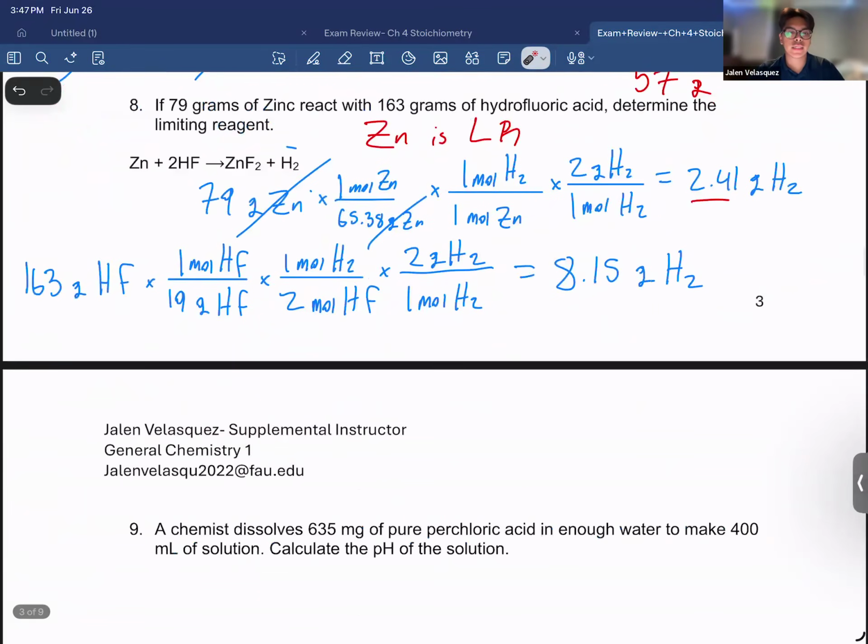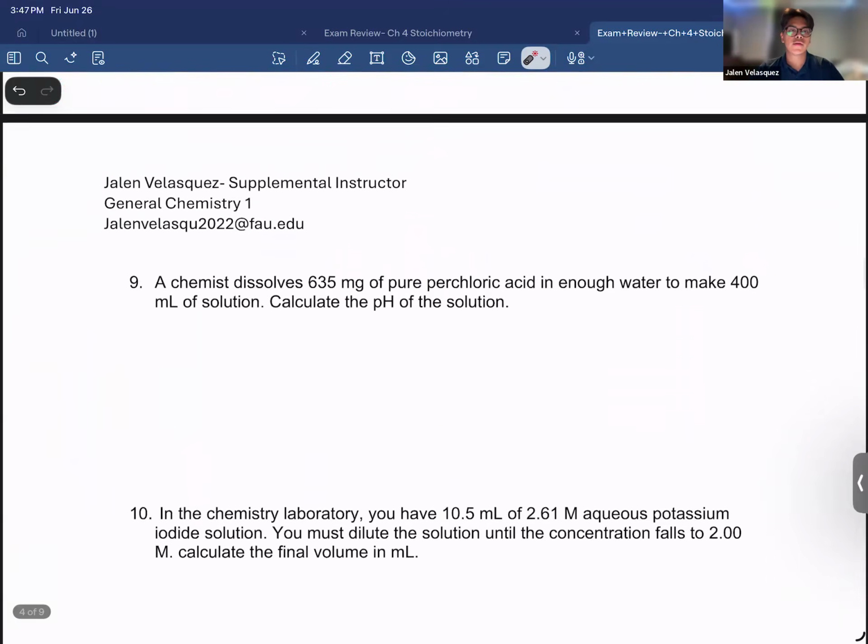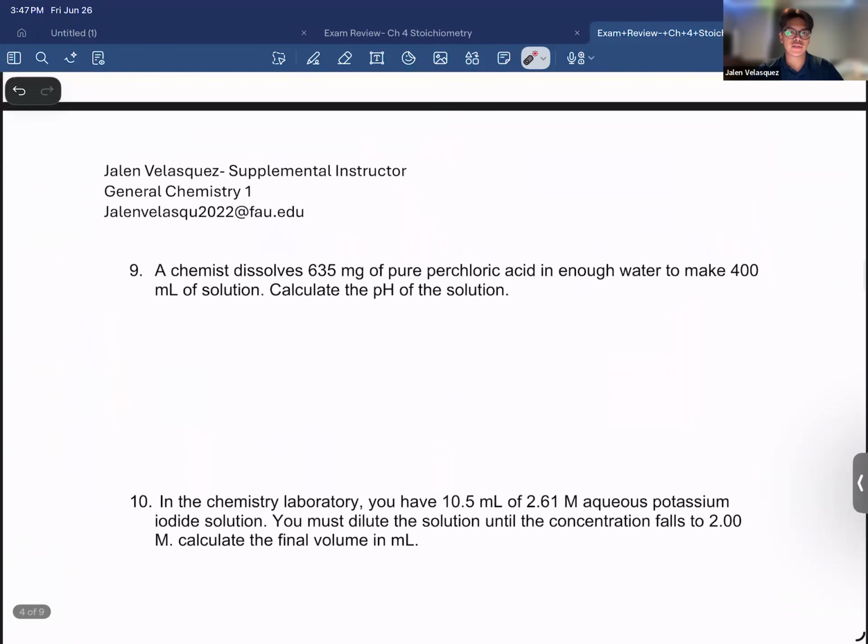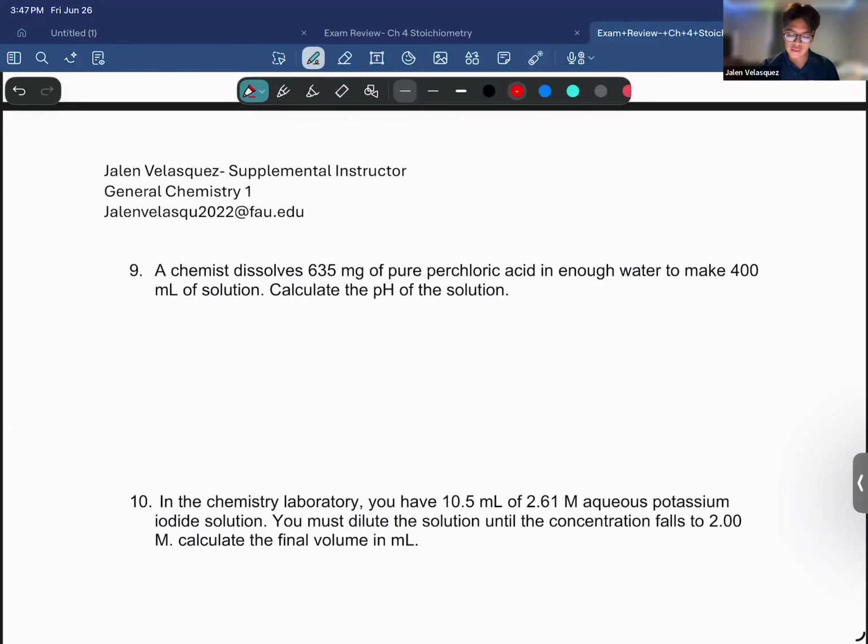Okay, so the next one here says that a chemist dissolves 635 grams of pure perchloric acid in enough water to make 400 milliliters of solution. And your job is to calculate the pH of the solution. So we talked about pH a little bit earlier.